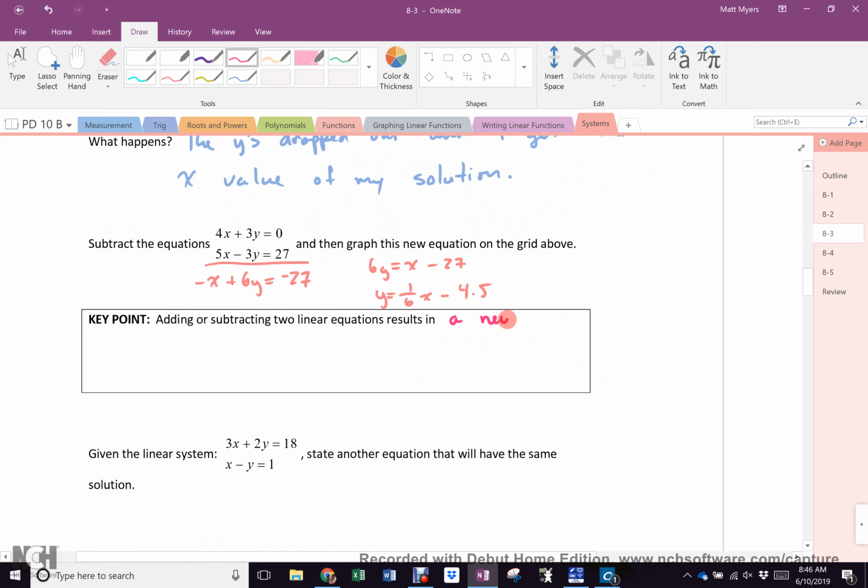I get a new equation again that did one of two things. What did it do? I get a new equation that can either A or B. What's the first thing we did when we added?